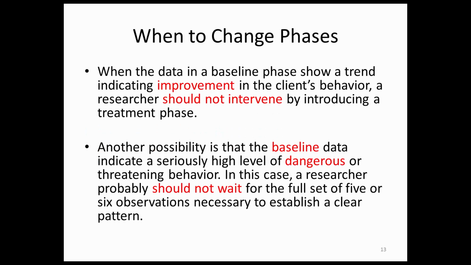For example, if you see a continuous improvement as you're observing your participant, probably you don't need to intervene and do anything because the behavior is already improving. The other situation is that the behavior is so dangerous that you have to intervene as soon as possible, so you cannot let it go for a few weeks to create your own baseline.